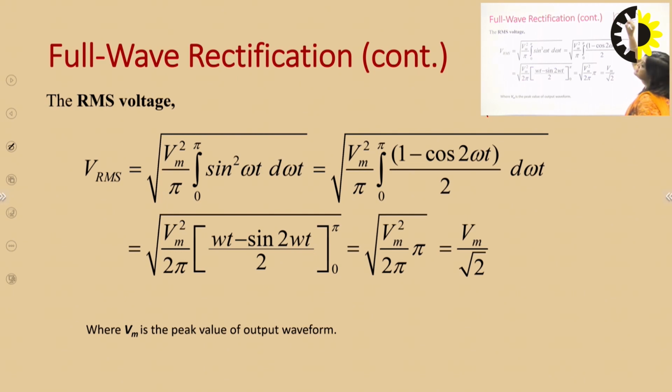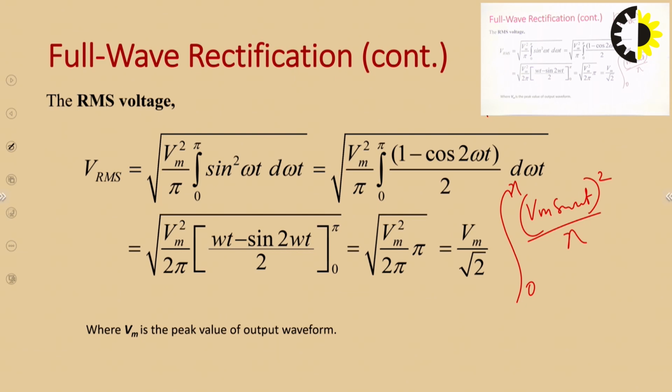Here we can see there is a repetition after pi. So for the RMS voltage, we take Vm sin omega t whole squared, and for finding the mean we put the limits 0 to pi, because the repetition is after pi, and then we take the root. After solving, we can find the value is Vm by root 2.